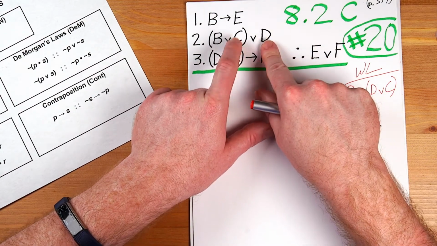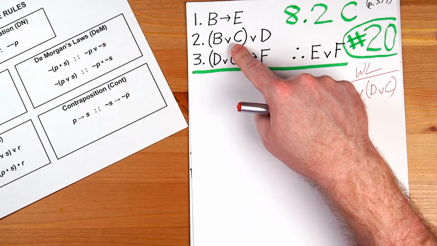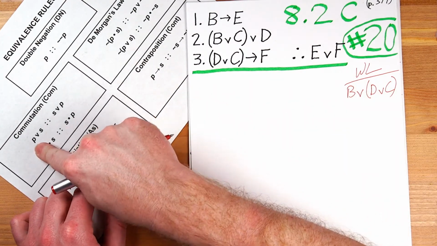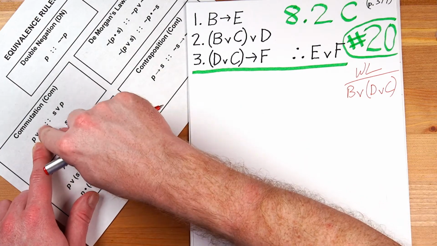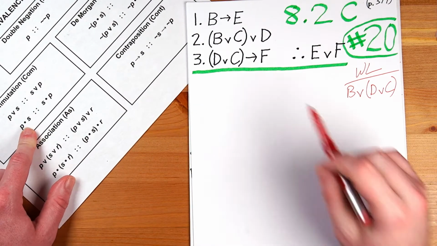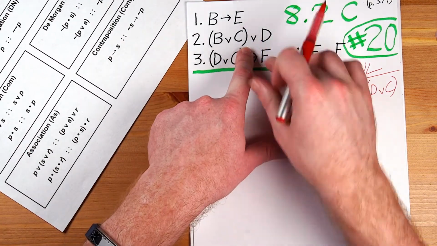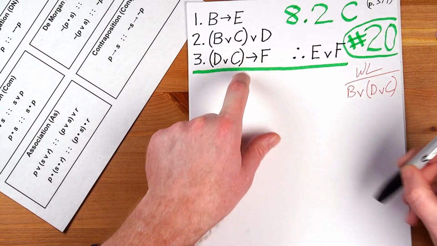We can't switch C and D in 2 yet because commutation only works when the 2 things we're switching are on either side of an operator like an or an and. But here we have a parentheses in the way, so we can't use commutation first on 2. We got to use association first.